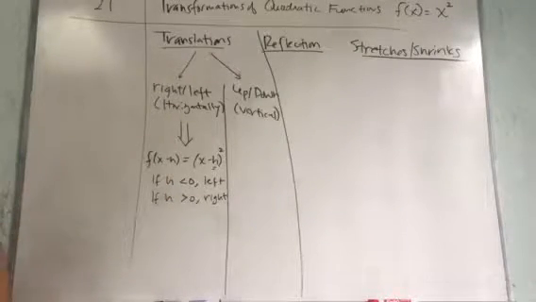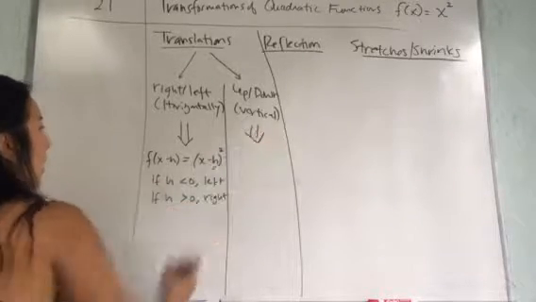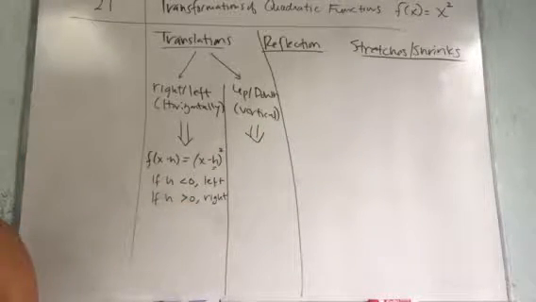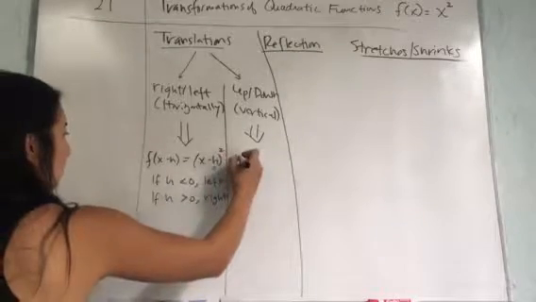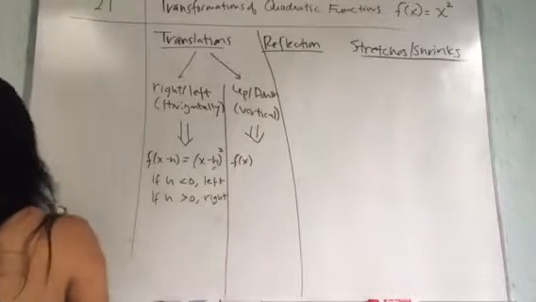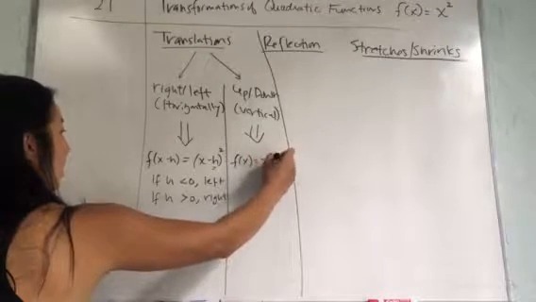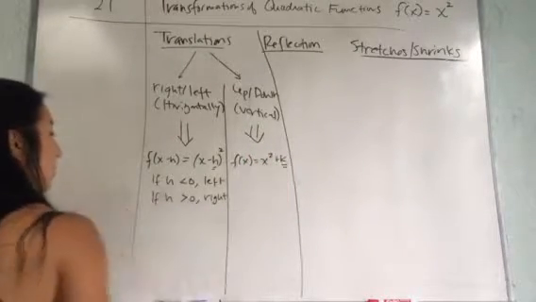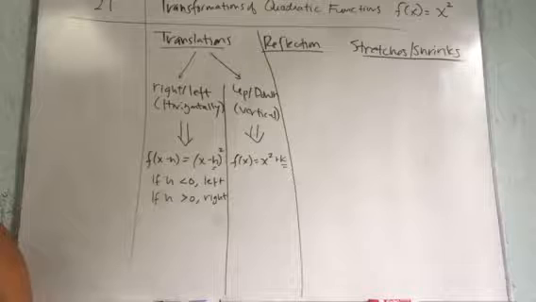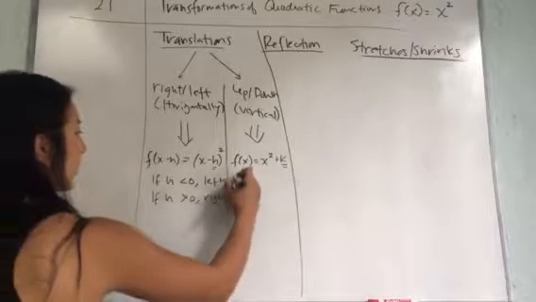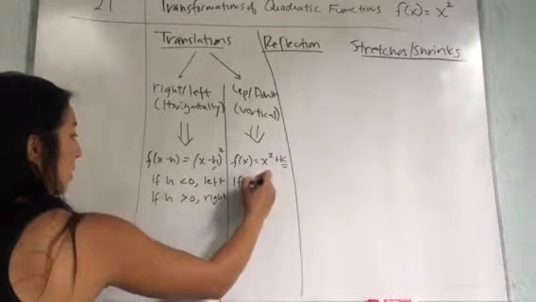Now, it's a lot easier to move a quadratic up or down. Basically, you would take your function, f of x, and all you have to do is add a constant on the exterior, and we'll call that k. So if you want to move it down, that's when k is negative.